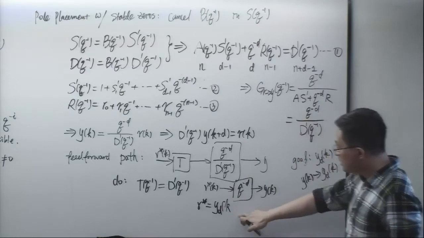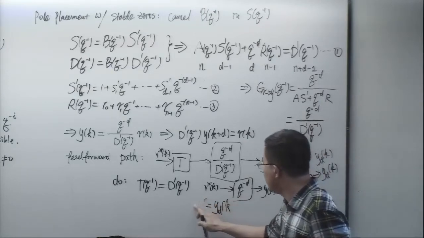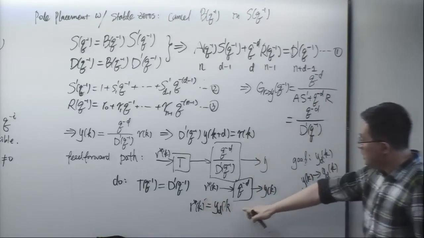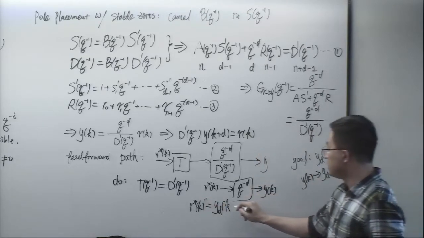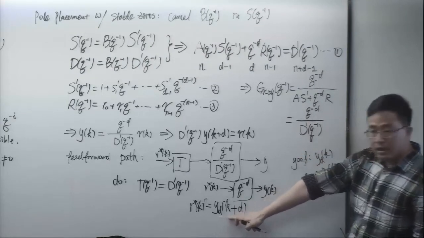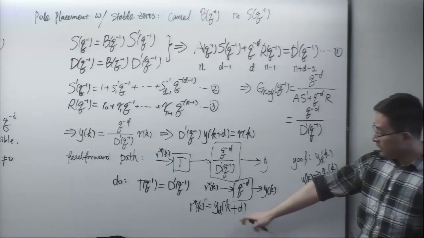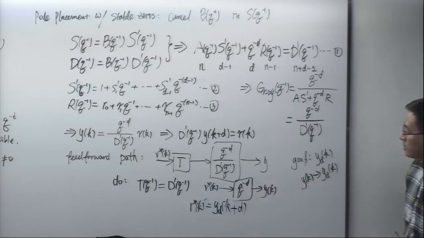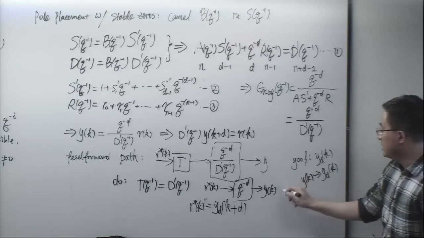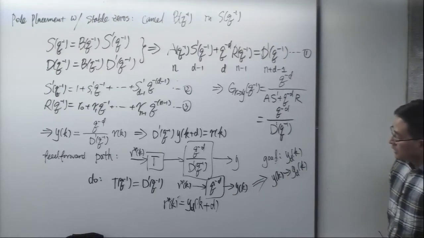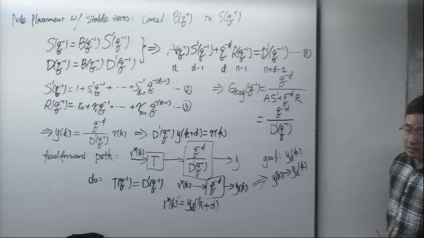I can't just use directly YDK because I'm going to have a delay operator here. So instead, if I know my desired references, I can advance it and have YDK plus D. This will cancel with this delay operator and give us the goal. So that's the feed-forward path of design.